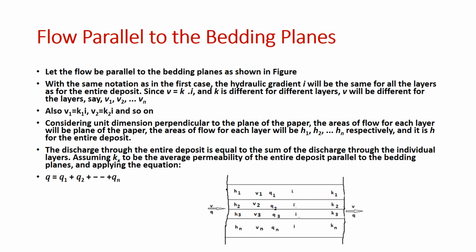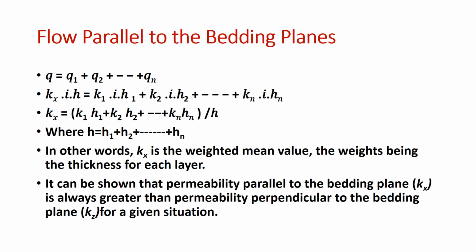Then we can find out Q is equal to Q1 plus Q2 plus Q3 plus Qn, and then kx into i into H, where kx is the average permeability which we want to find out, would be equal to k1 into i h1 plus k2 into i h2 plus kn into i hn. i gets cancelled, so kx will be k1 h1 plus k2 h2 and so on, upon H, where H is equal to h1 plus h2 plus hn.